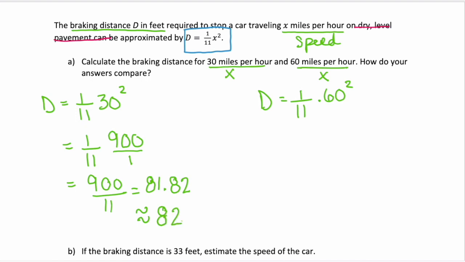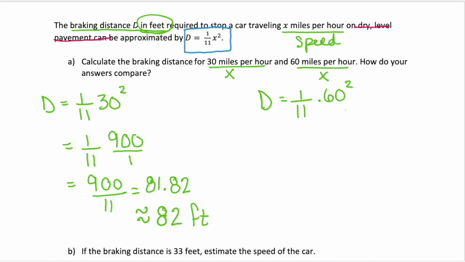Well, 82 what? What is our unit of measurement? We solved for D, and D is measured in feet. So this is 82 feet. So the braking distance when you're going 30 miles per hour is 82 feet.